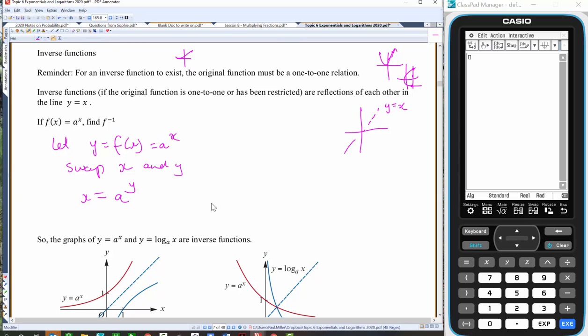All right, now what I need to do is get it into the form y equals, but there's a problem. This is in the exponent, okay? So what I want to do is bust it out of the exponent, and the method we're going to use is to convert it into log form. So we're going to say that this can also be written equally correctly as log a.